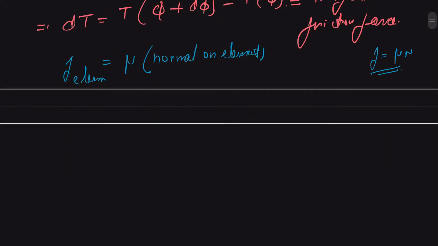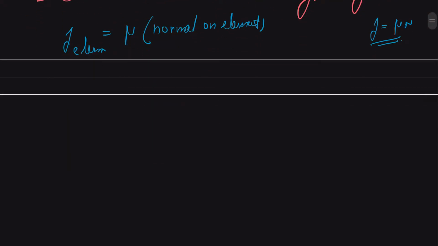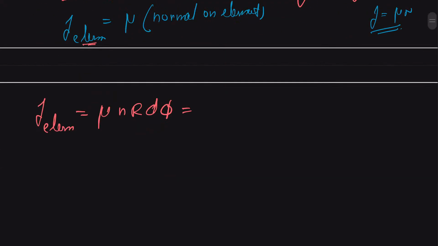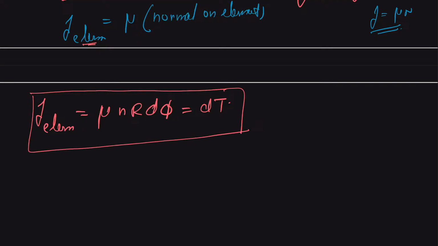Therefore F element will be equal to mu N r d of phi, and like we said, d of T is equal to the tangential friction, which is F element. Therefore this will be equal to d of T. We will use this particular equation later on also.